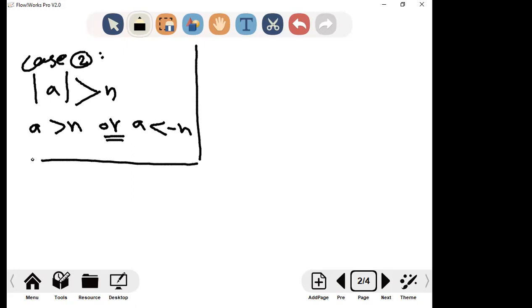For example, example 4. Solve the following inequality: absolute value of 2m minus 9 more than 13.